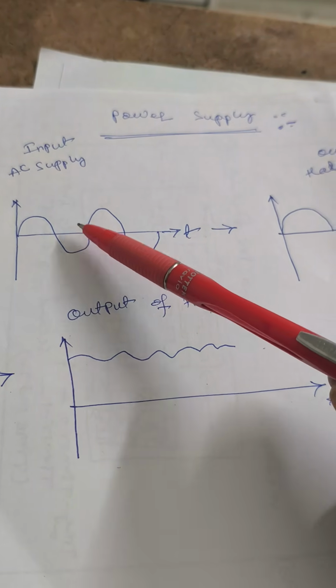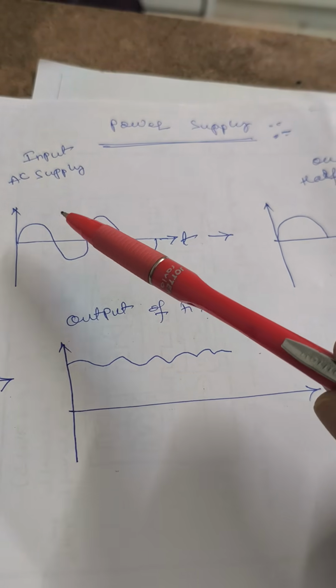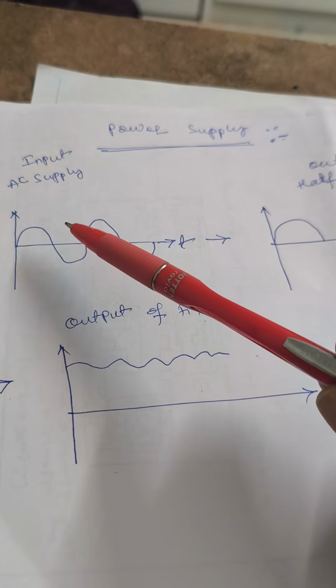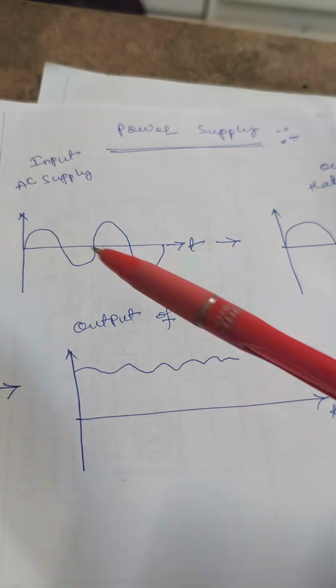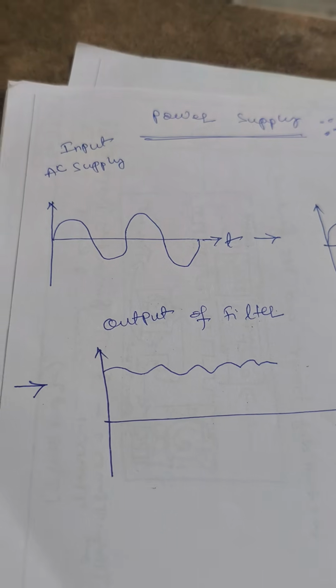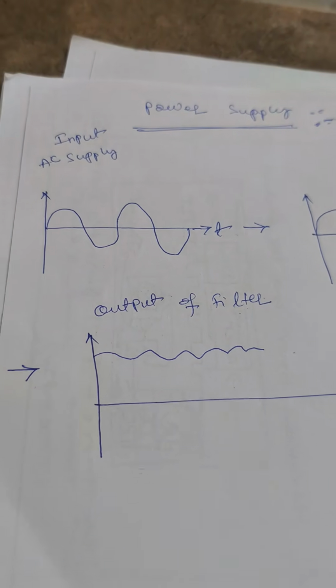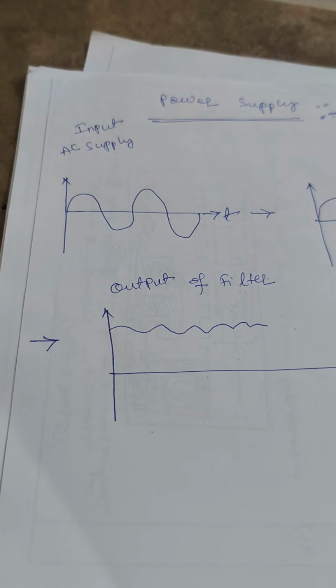This is called AC supply. In our home, whatever electricity comes is in the form of AC.